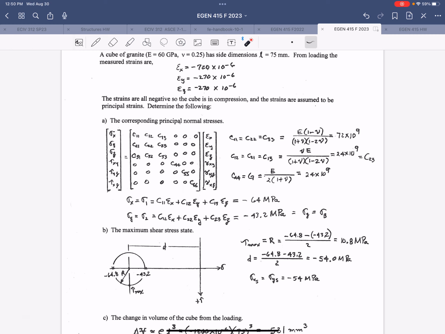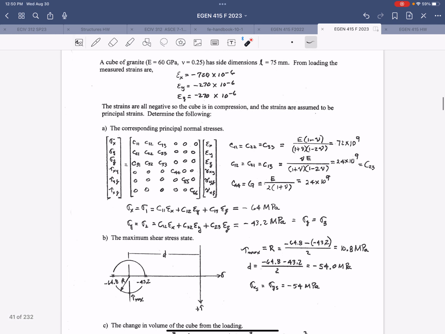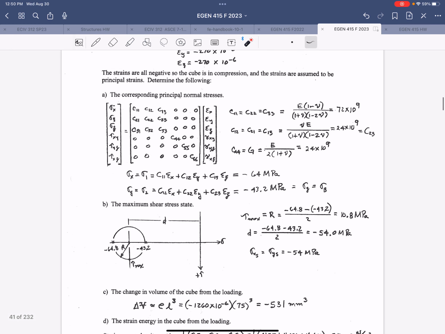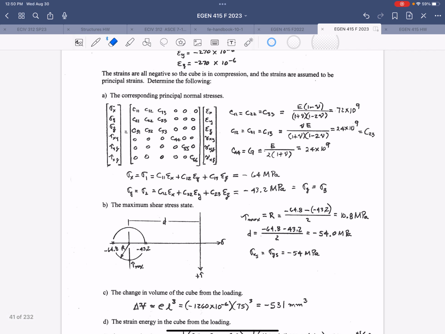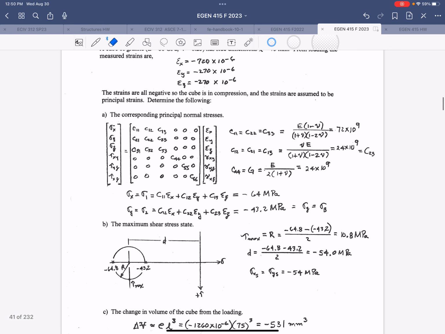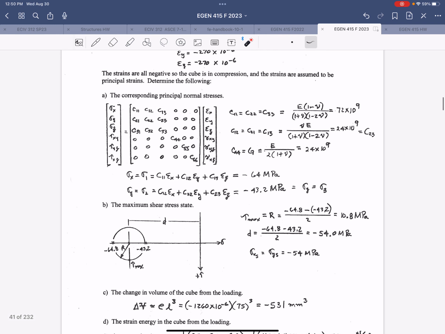And then you have the values for the C44 element there, right? I believe these three diagonals should all be the same here. I don't know why it's not written out like that.